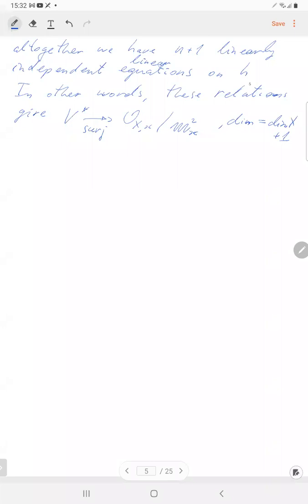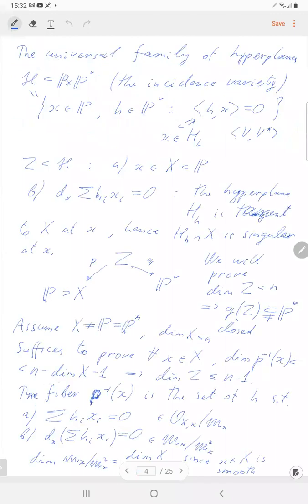Fine. So we found dim x plus 1 linearly independent linear equations, and hence the dimension of the fiber is at most what we wanted: n minus dimension x minus 1.